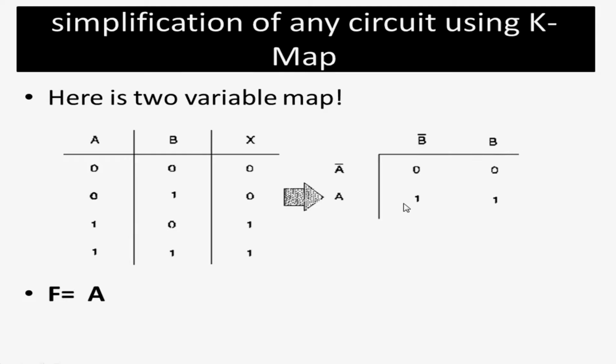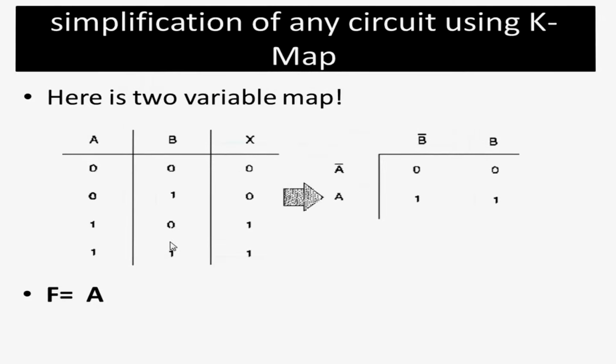Now what we will do is make a group of these two, and then verify the similarities between the groups. As you can see, a is similar, in this case both 1 and 1, while b is 0 and 1, so we are going to detect b and cut it, and we write the function simply as a.